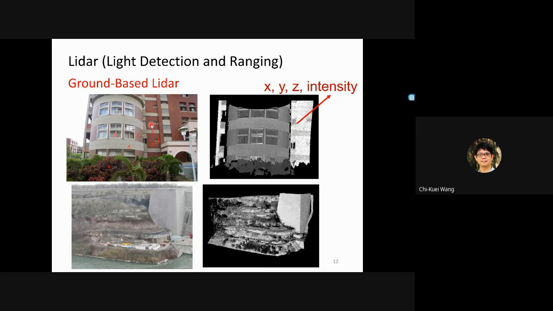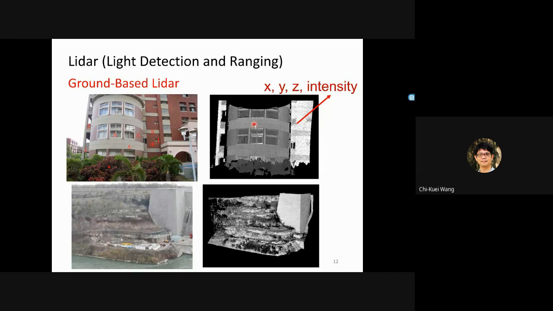Visually, this material seems like a dark red, but actually it's quite reflective in the laser wavelengths. And this material looks bright in true color, but it is not as reflective in the laser wavelengths.